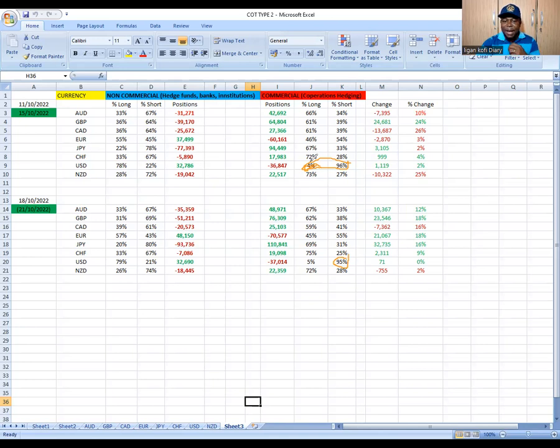And the buyers, who were only 4%, have also increased to 5%. So yes, it is true that USD has hit its peak in terms of strength. So we should begin to see a reversal. USD should begin to weaken bit by bit.